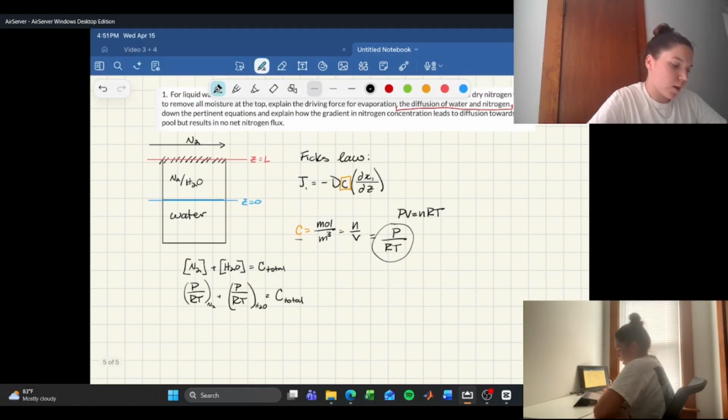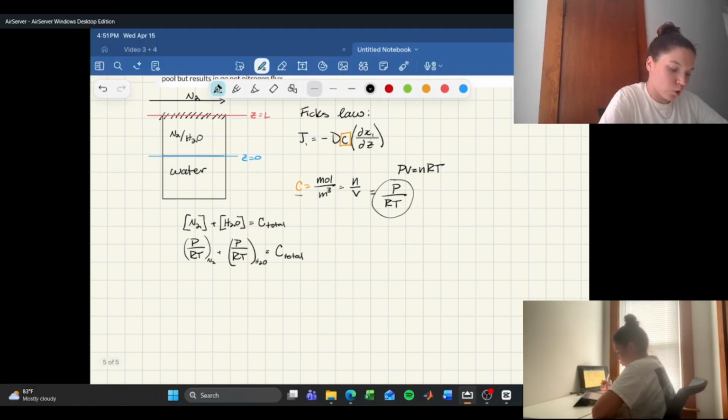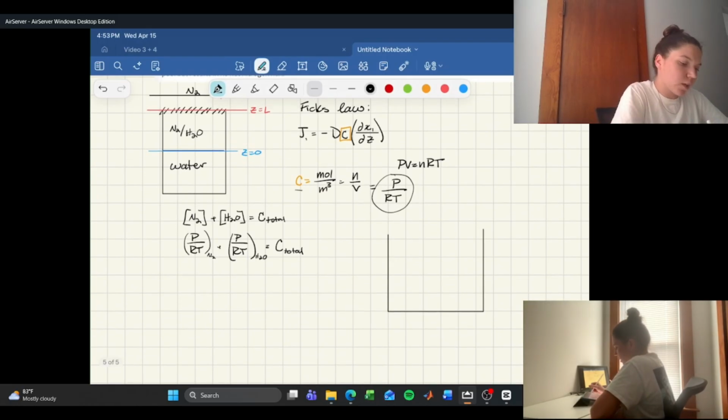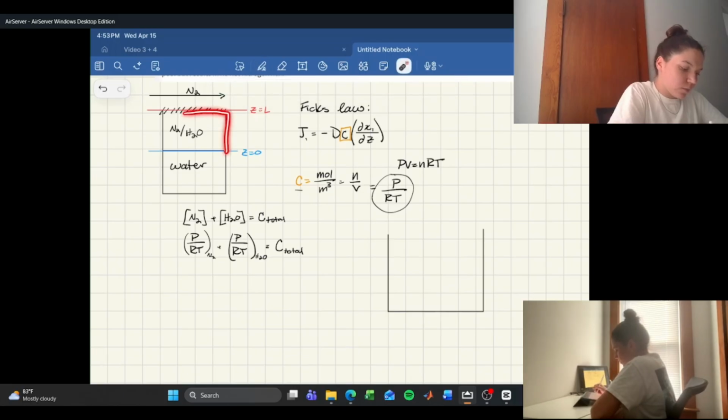Now let's look at what a concentration gradient will look like for this example. For the gradient, I'm just taking this here and turning it on its side.